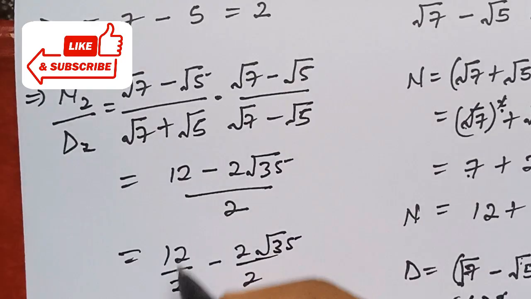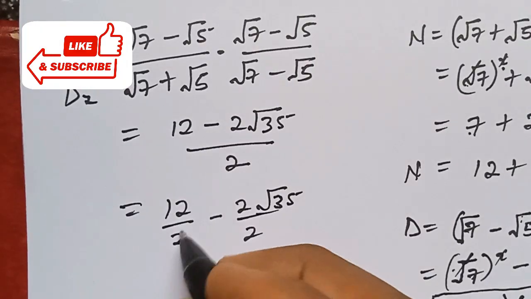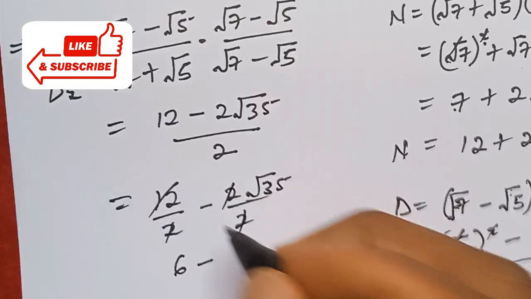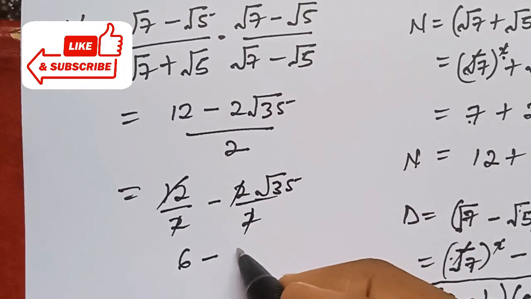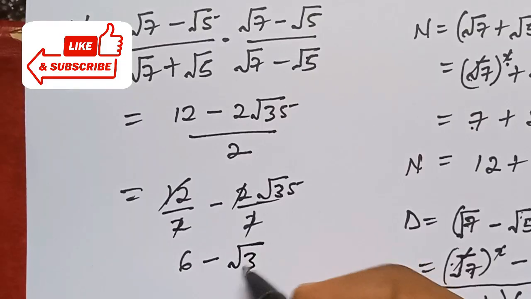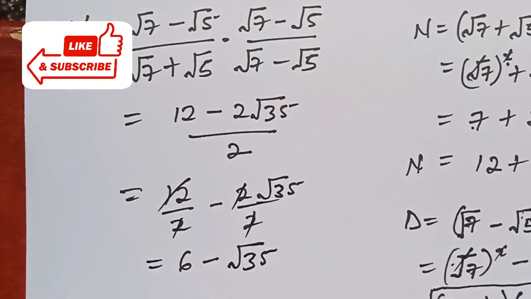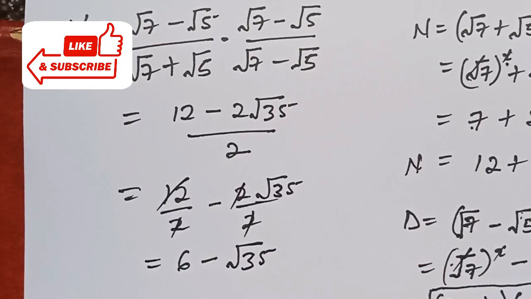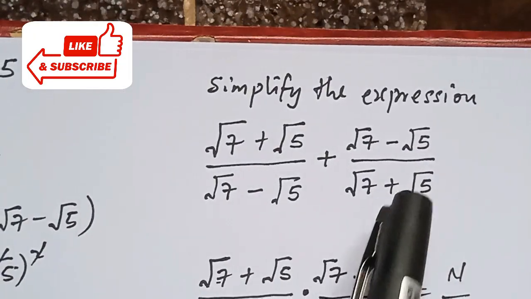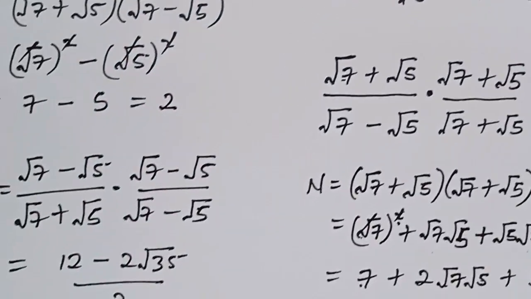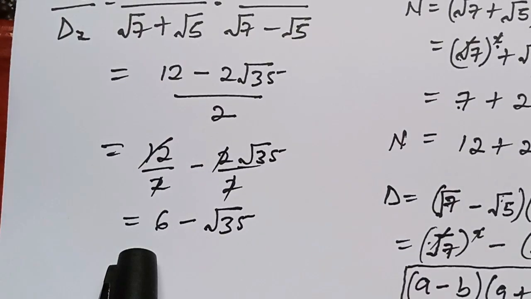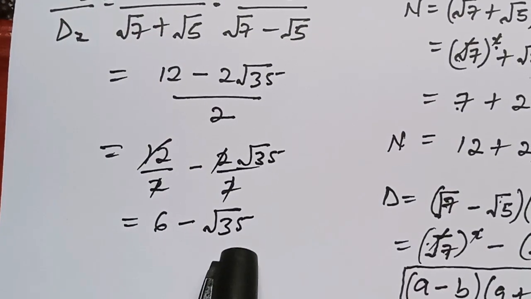Okay, 12 divided by 2 will give us 6 minus, this divided by this, we cancel each other, then we are left with square root of 35. So for the other side of the expression over here, the resulting answer also gives us 6 minus square root of 35.